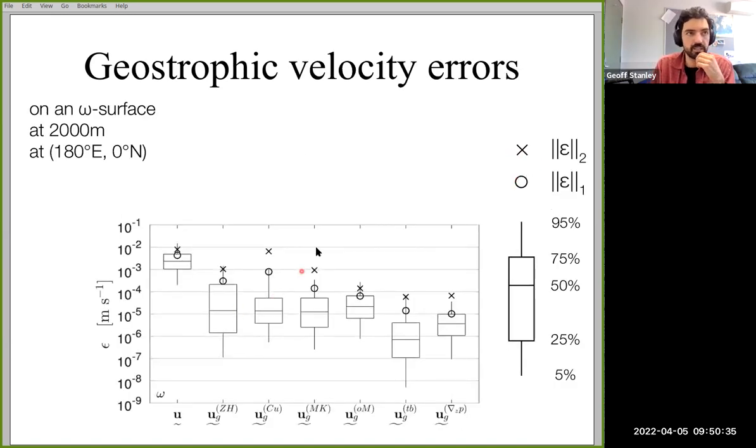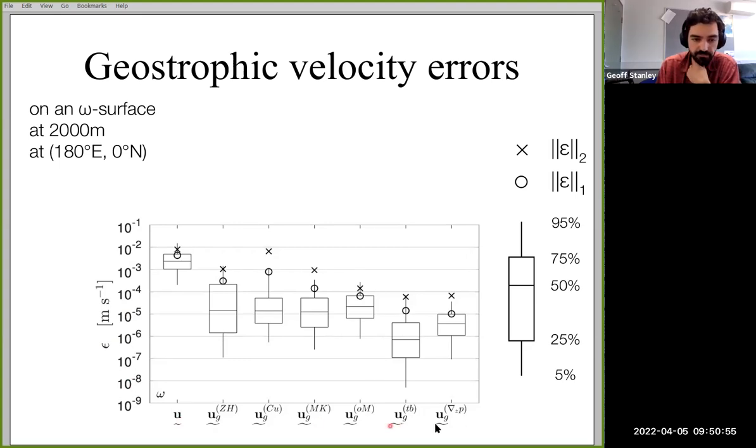So you can use this to build a geostrophic stream function on any approximately neutral surface. I proved it was exact on a neutral surface, but you can use it on an approximately neutral surface as well. This shows you the error in estimating the geostrophic velocity, in meters per second, based on a couple of different estimates.